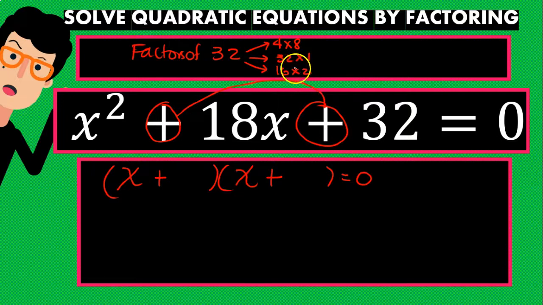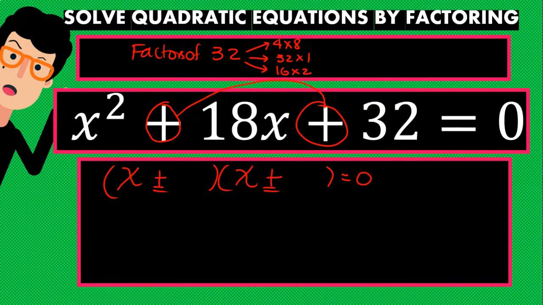But the thing we have to be careful of is that in this case, because we have a positive sign on both parentheses, that means that we have to find two factors of 32 that when added, because they have the same sign, give you 18, right? So if we take 4 and 8, the answer is going to be 4 plus 8, that is 12. 32 and 1, that is going to be 33.